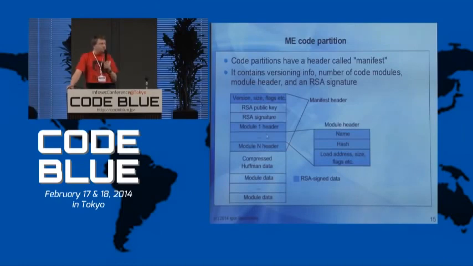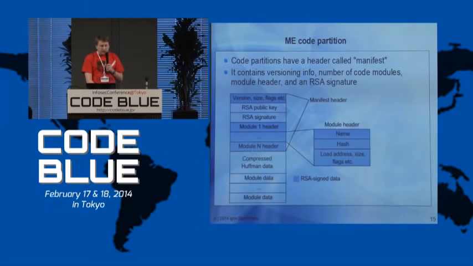The signature allows the chip, the hardware, to detect all tampering, all changes in the code content. In this way, it's pretty difficult to change the code and make it execute your own code. All the firmware from Intel is signed by their RSA key and cannot be changed.